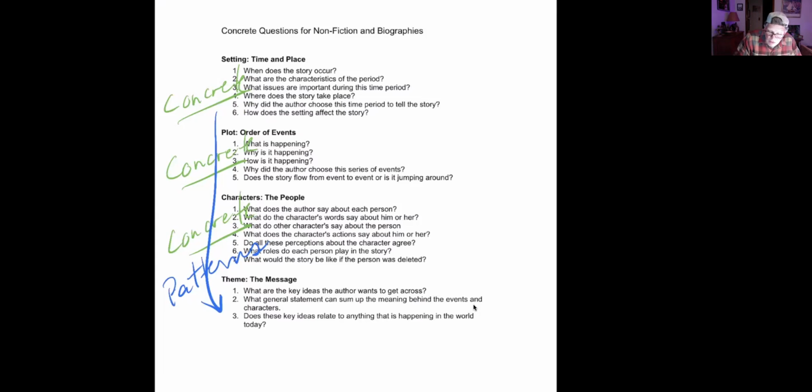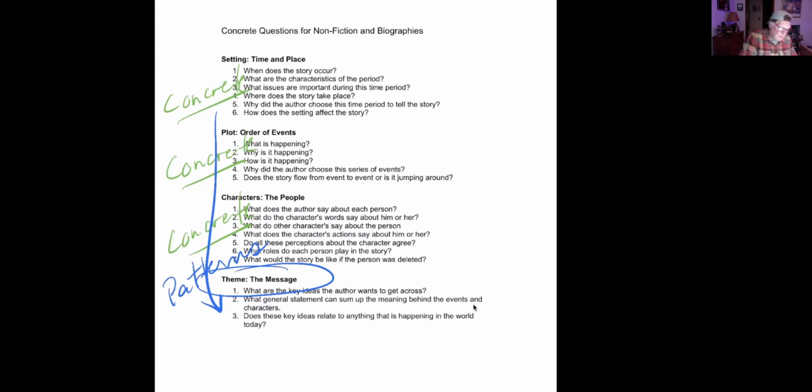Be so concrete in your processing of the nonfiction, the biography, that you really understand the concreteness of it, and that will help your brain to recognize the patterns that are happening. And those patterns are basically the theme, the message, the thematic key idea that the professor wants to get, or the author wants to get across.